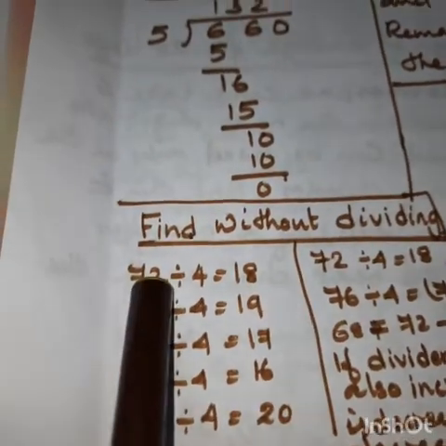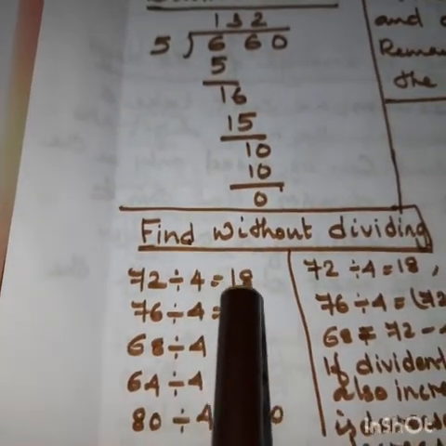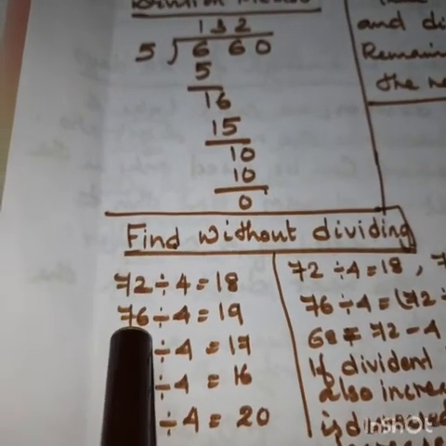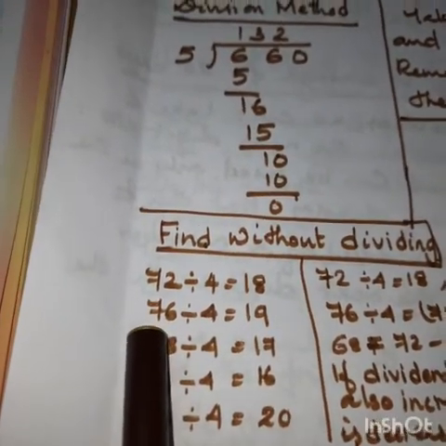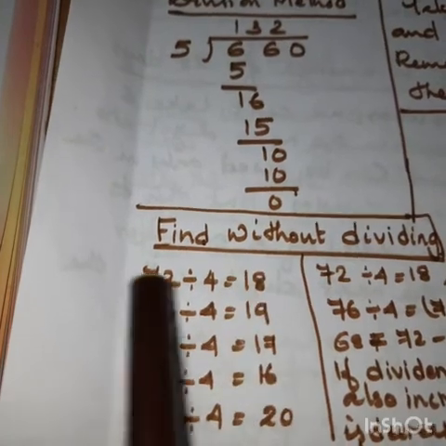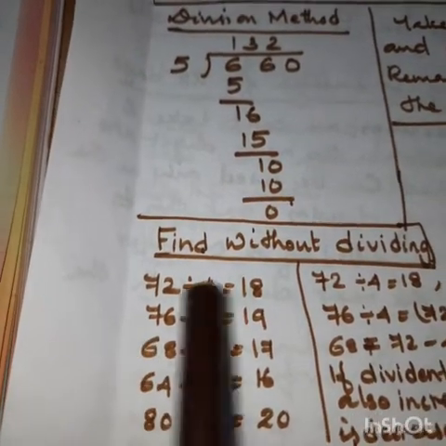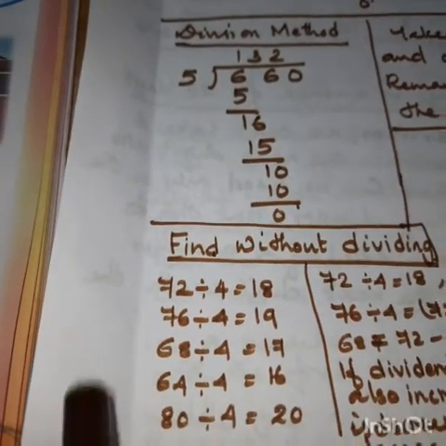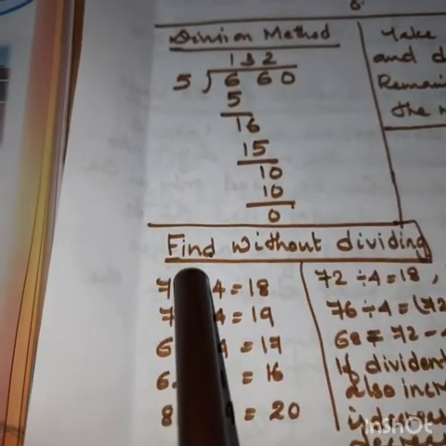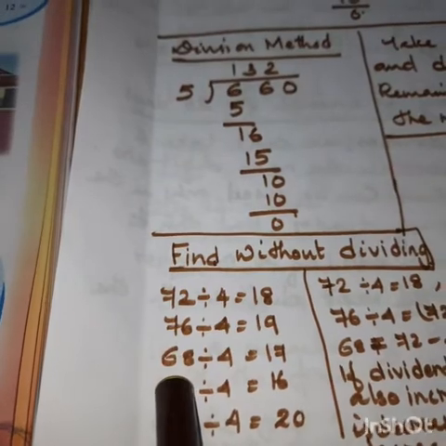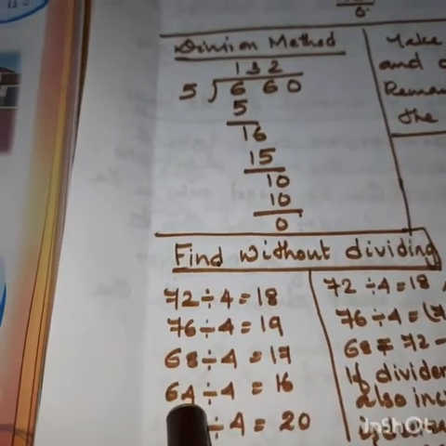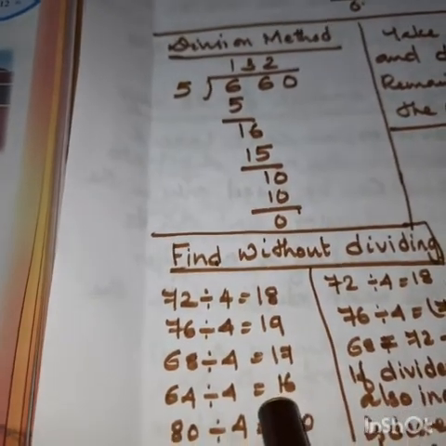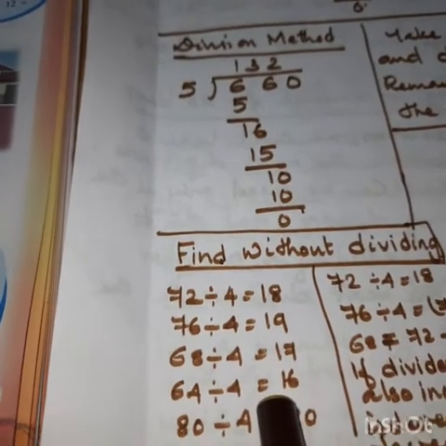Here, 72 divided by 4 is 18. 76 is 4 more than 72. Therefore, in the division, 1 four is added. Therefore, here add 1 to the quotient. Then 68. 72 minus 4 is 68. Then 1 four is decreasing. Therefore, here also 1 is decreasing in the quotient.